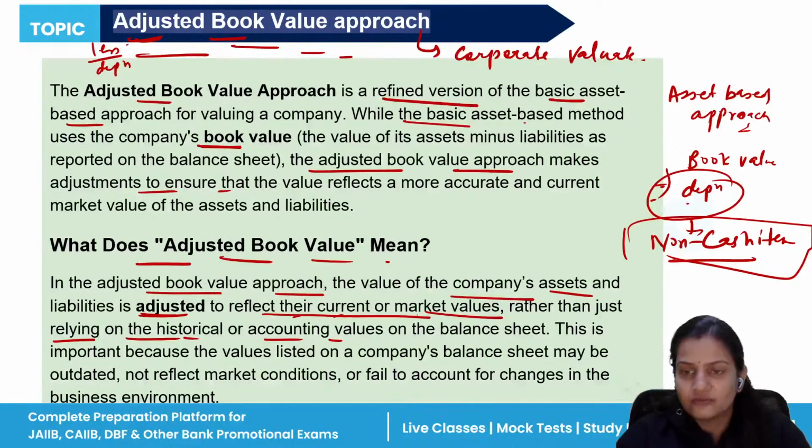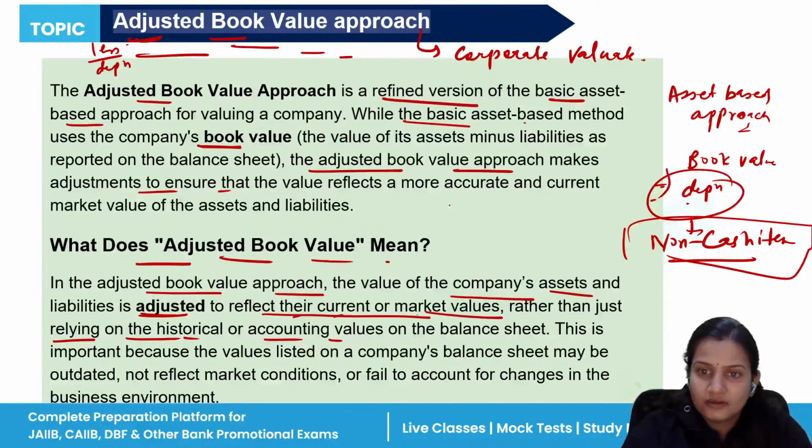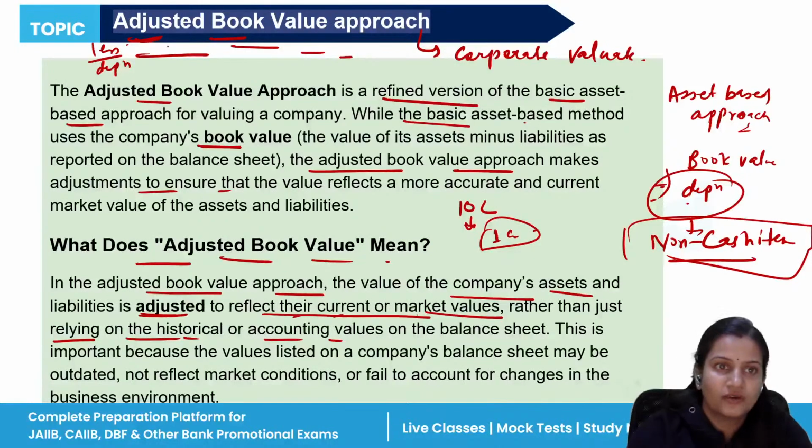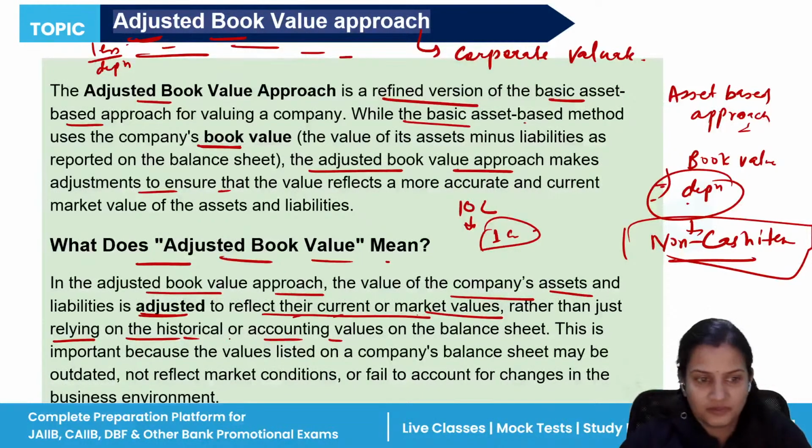If you have recorded your assets at cost value, like the cost value was 10 lakh rupees, but now the value of this particular machine, or of this particular land and building, has increased to 1 crore, we will modify accordingly if we are using the adjusted book value approach.